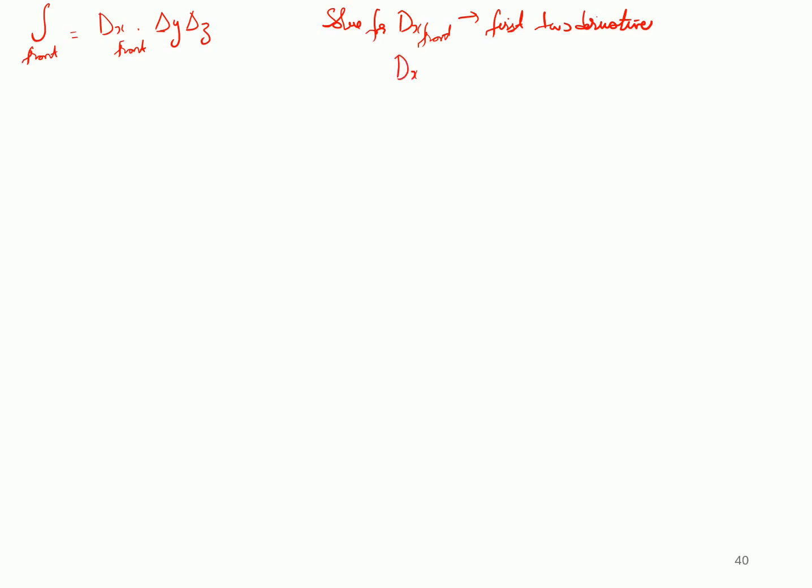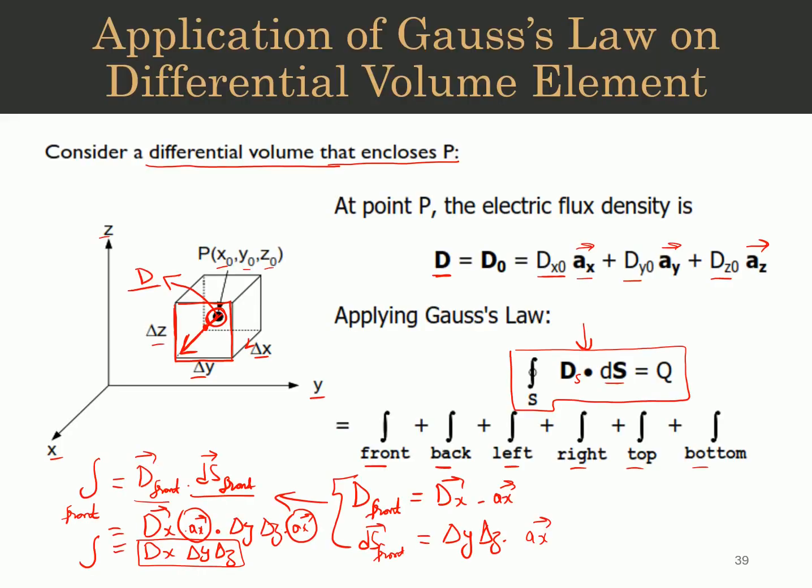So D of x front, what does it mean? If we go back to our axis and the cube, it is how much we are moving from point P towards the front face. So what is the electric flux density that is moving away from point P?